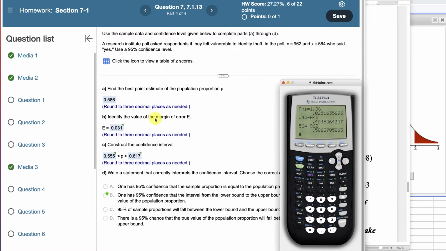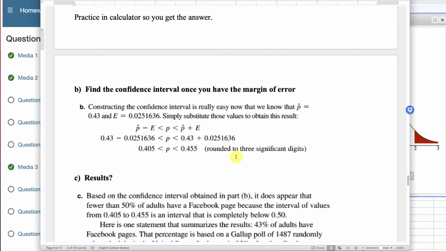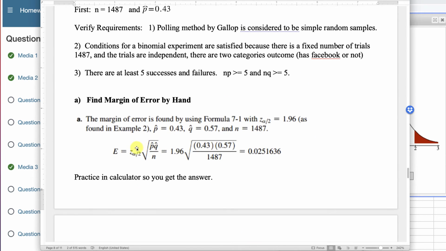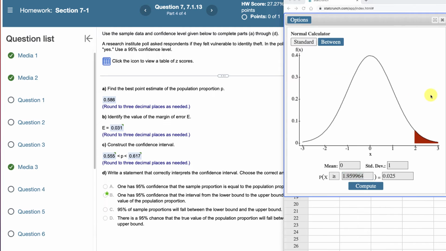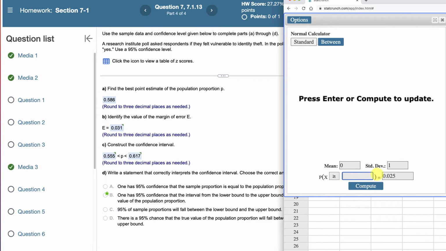Okay. So now we identify the margin of error. Remember, the margin of error is this formula right here. We need to get the z sub alpha over 2. So we have a 95% confidence, which was what we had here as well. So we're definitely using the 1.96, right? That comes again from here. All I'm doing is saying I want 0.025 because a 95% confidence interval means 5%. 0.05 is my alpha.